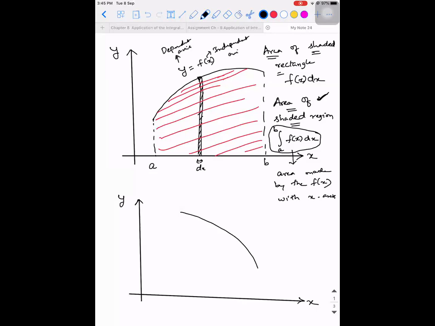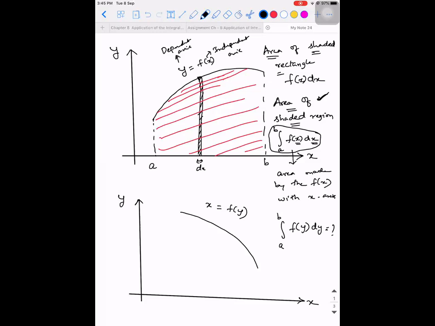This we are discussing, f of x with respect to the x-axis, the independent axis. Instead of giving you y equal to f of x, had the curve been x equal to f of y, then if I give you a statement like this, integral of a to b f of y dy, what does it represent?